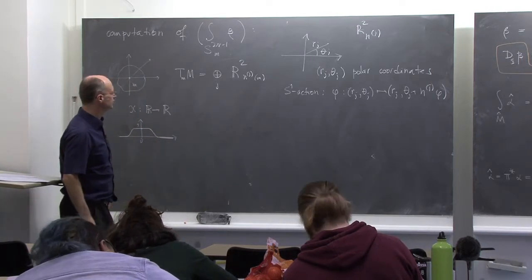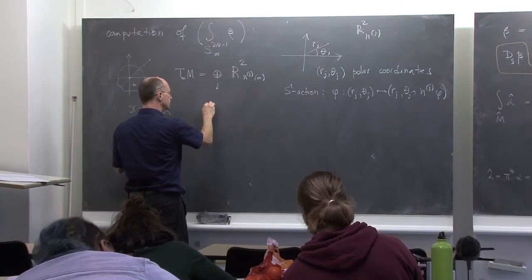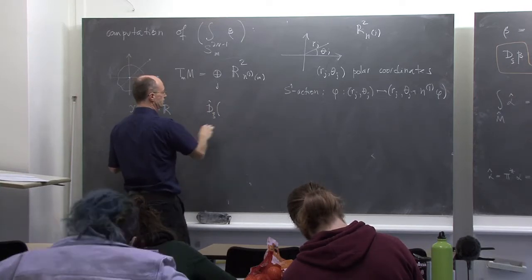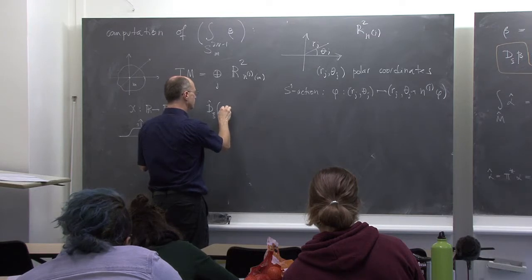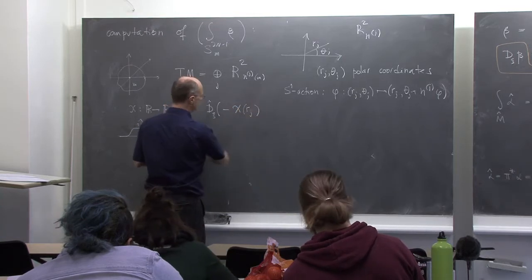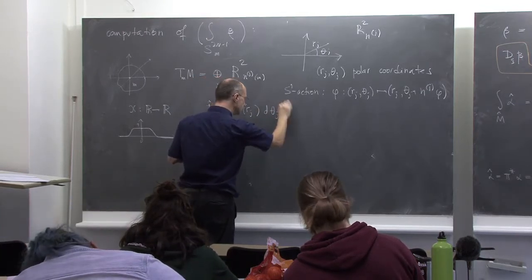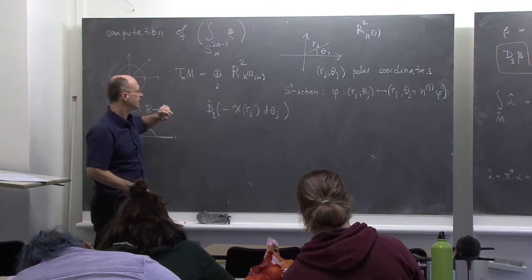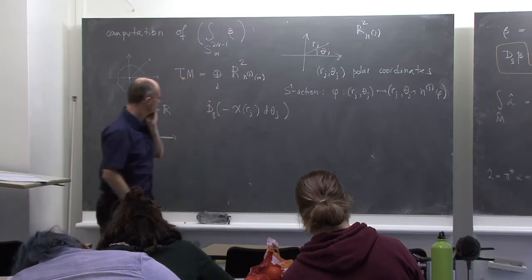So let's take such a function, and let's consider the differential form d_psi of, say, I choose one of those j's, and I take minus chi of r_j d theta_j.